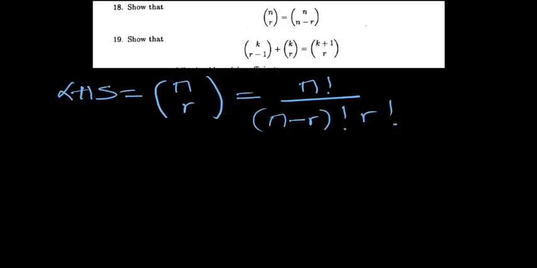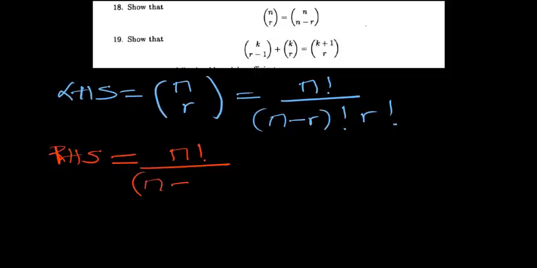We can go to the right hand side. The right hand side means n factorial over n minus, now we're subtracting, n minus r factorial, and then again n minus r factorial.